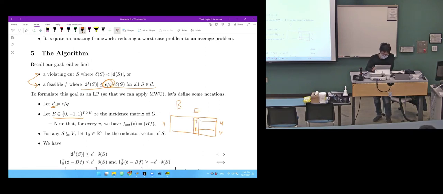You are familiar with incidence matrices, right? Then note that if you multiply B times f, and you look at the node v, the entry of v in B times f is exactly f out.